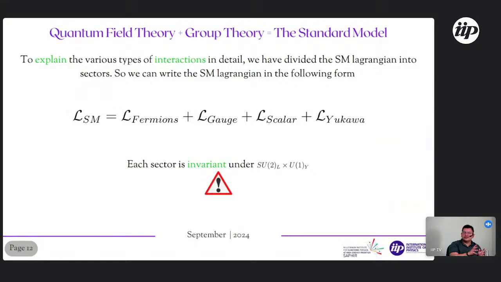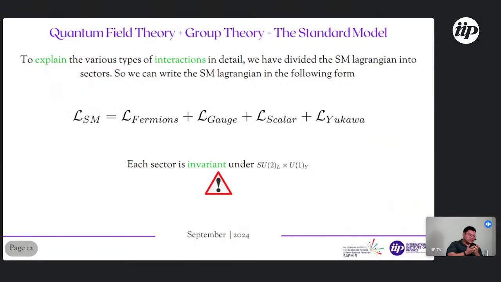The fermion sector studies all the interactions of the fermions with the symmetry bosons of the theory. The gauge sector studies only the symmetry bosons of the theory, and the scalar sector studies the most simple case, in which we have only one scalar interacting with itself and with gauge bosons. We also need the interactions between our fermions and the scalars, which is given by the Yukawa sector. So we are going to present each one of these sectors.